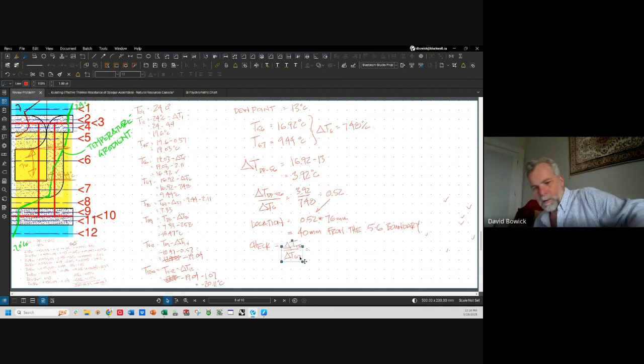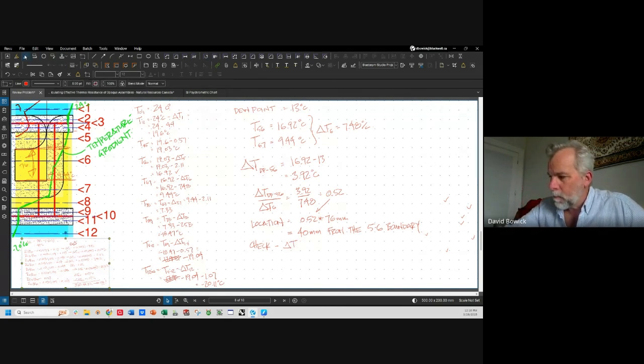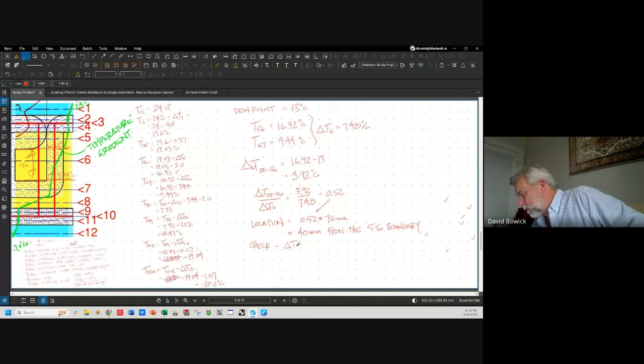Delta T from the dew point to the 6-7 boundary equals 13 degrees Celsius minus the temperature at 6-7, 9.44, which equals 3.56 degrees Celsius.